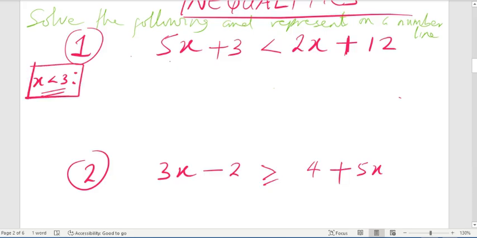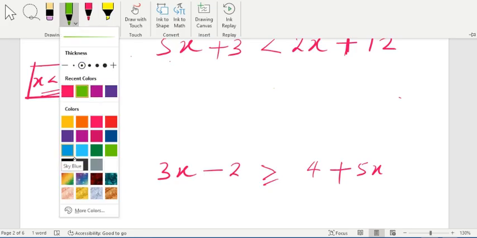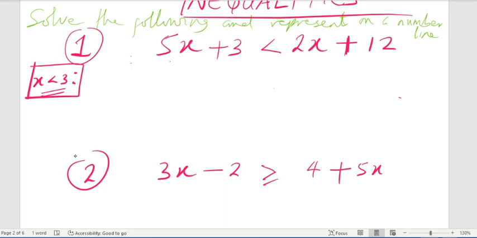I moved 2x to the left and 3 to the right. Beautiful. That is just the simple way you solve an equation. So let's follow your method. You start with 5x here. Then you are bringing the 2x on the right hand side to the left hand side.